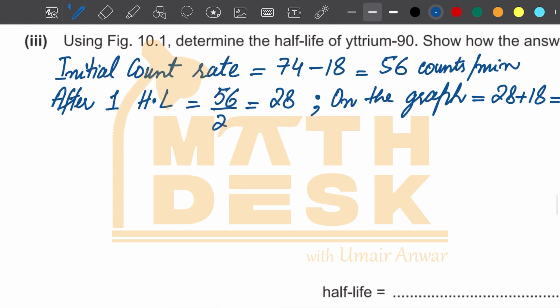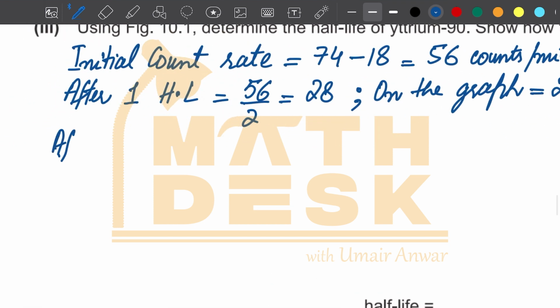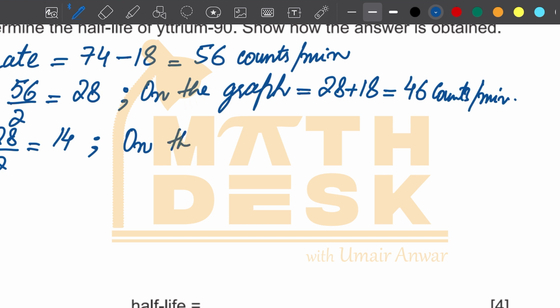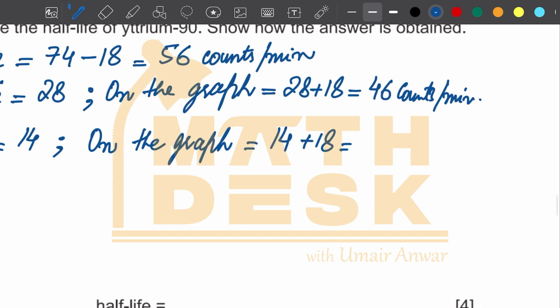Okay, after the second half-life, the 28 would again be halved and it would become equal to 14, while on the graph the value taken should be 14 plus the average background count rate, so it would be equal to 32 counts per minute.